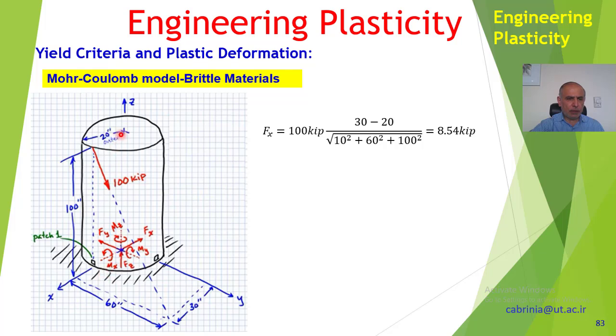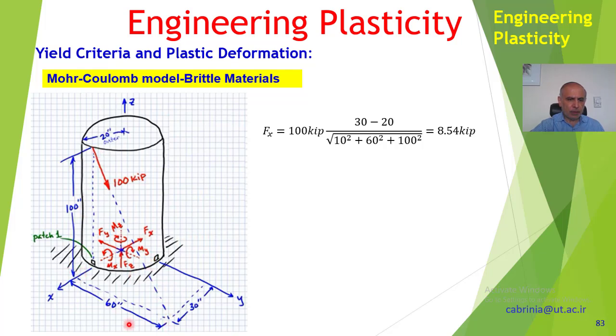30 minus 20, in fact 20 is that bit and 30 is from here to there, so that is 30 minus 20, that is 10. 10 to the power of 2, 60 to the power of 2, and 100 to the power of 2, under the square root. The sum of these under the square root is this line.